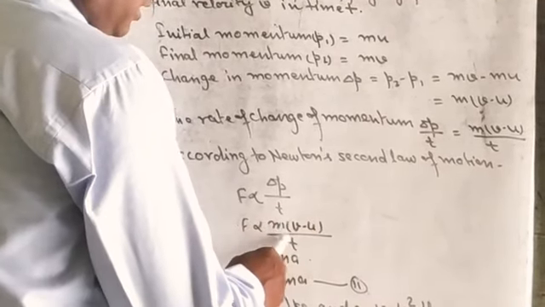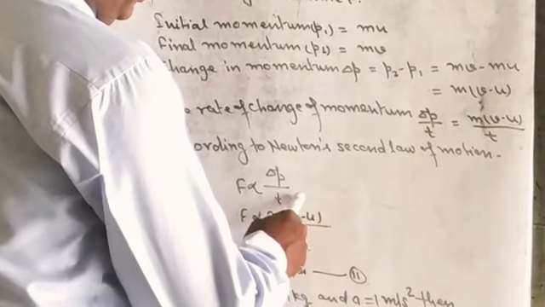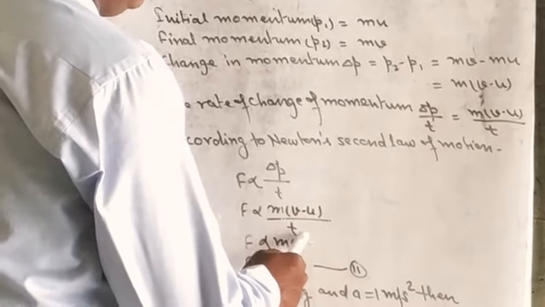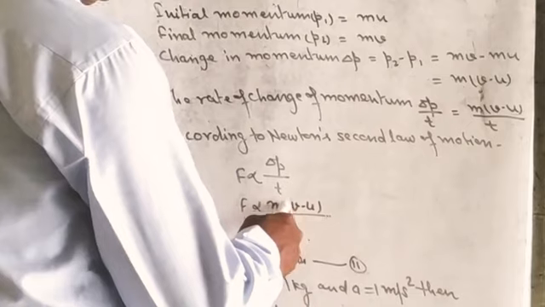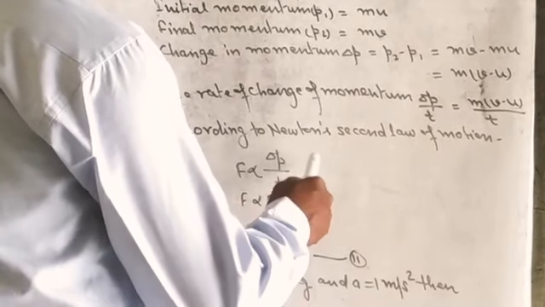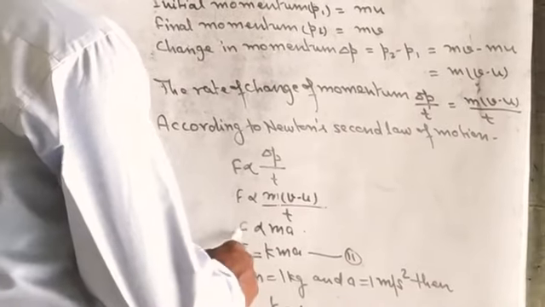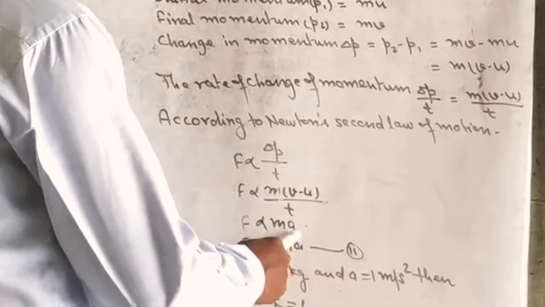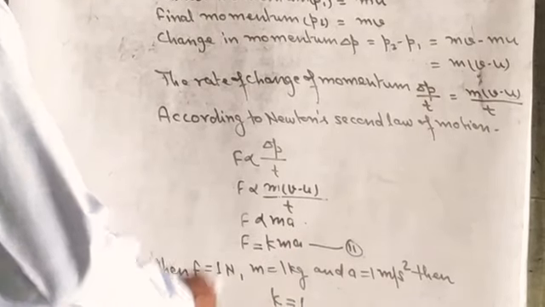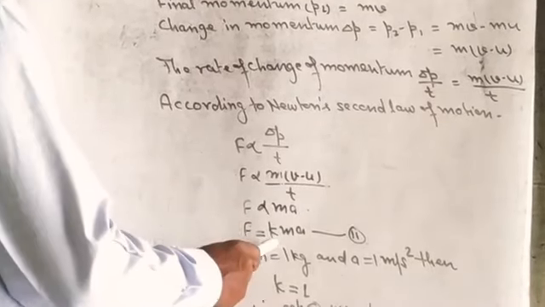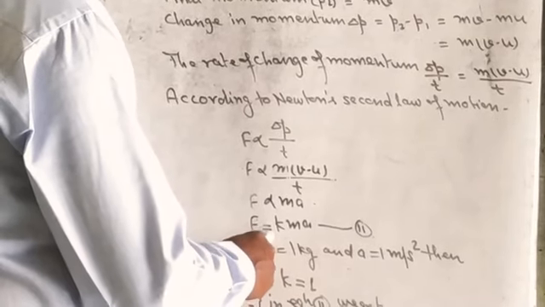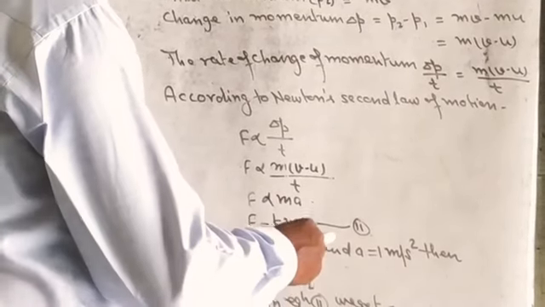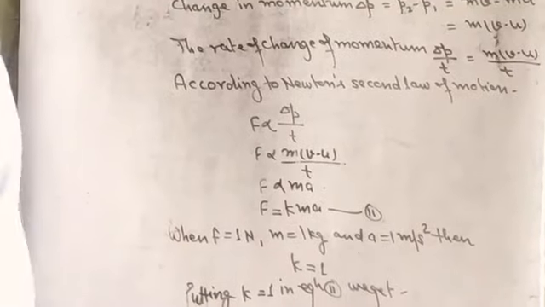This v minus u by t is the acceleration. Then F is proportional to ma. When I remove the proportionality sign, we write K. F is equal to Kma. Let this be equation number 2.